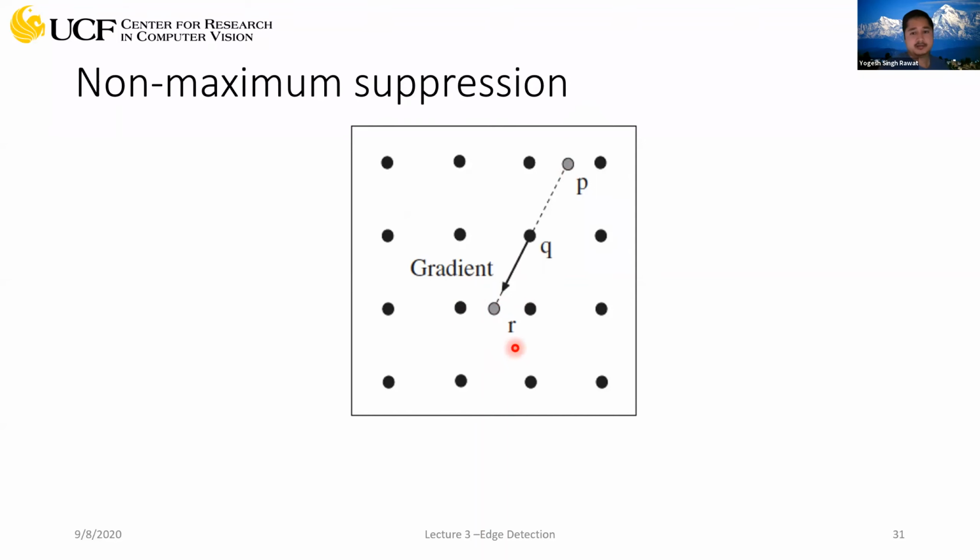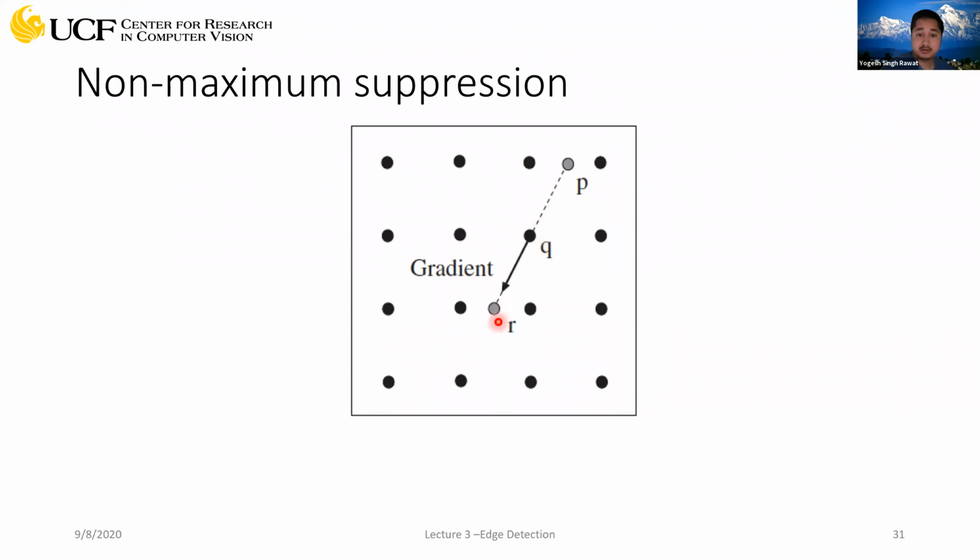All right, and then you will get values for P and R, which is the magnitude of the edge at this location and this location. Then you will compare that magnitude with this Q. If the magnitude of both R and P is smaller than Q, which means that Q is the maxima in this direction, then we'll keep this edge.